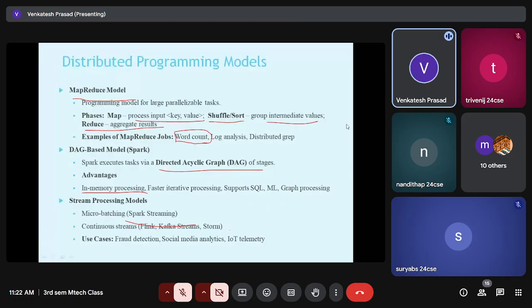They are used in social media, IoT, fraud detection, everywhere. With stream-based processing models, the data is coming from different, distributed sources, and is also stored in distributed storage.